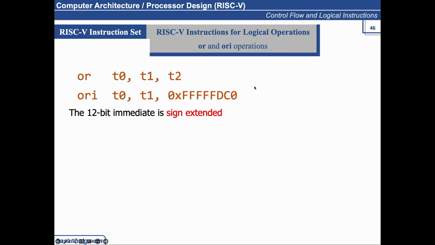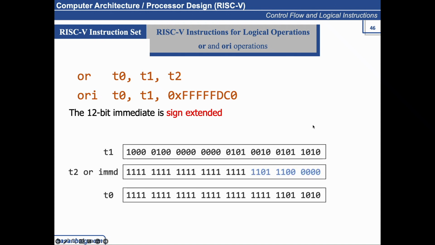Similarly, for the OR operation, you can simply write 0xDC0. But here you can see in D, the leftmost bit is 1. Because of this 1, the sign is extended to the upper 20 bits, which are all set to 1. Okay?